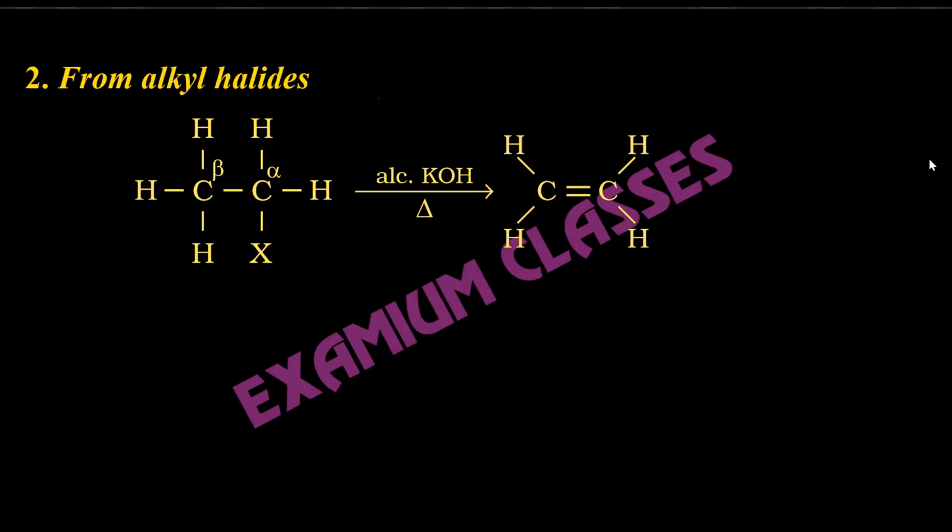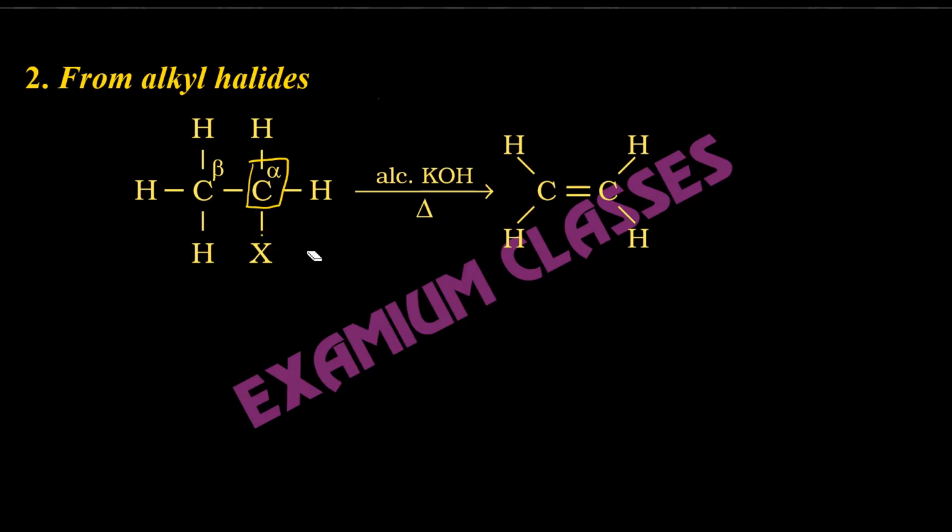Try to understand what this alpha and beta means. In this case, the halogen is attached here. This is other than carbon and hydrogen. Whatever is other than carbon and hydrogen is of importance here to decide alpha and beta. This is attached to this carbon. So anything other than carbon and hydrogen attached to a carbon decides which carbon is the alpha carbon.